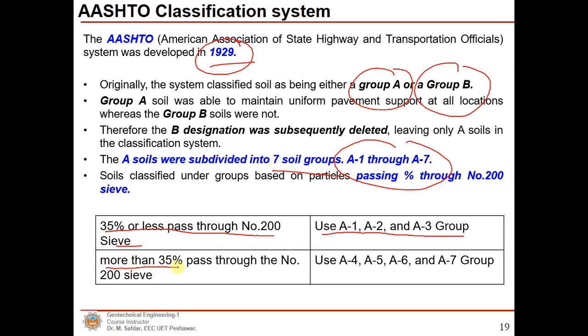If more than 35% pass through the number 200 sieve, those materials are the A4, A5, A6, and A7 groups. In simple terms, these are coarser particles, and these are fine grained particles.